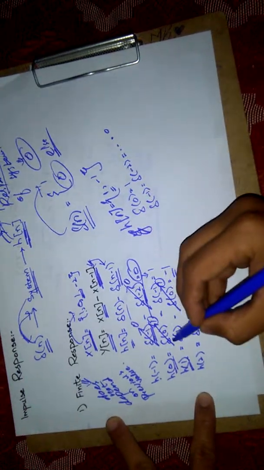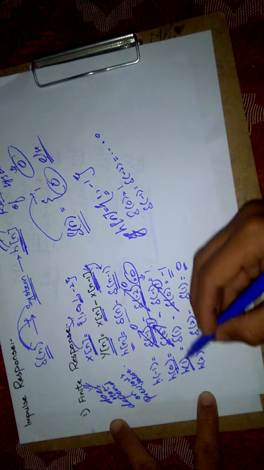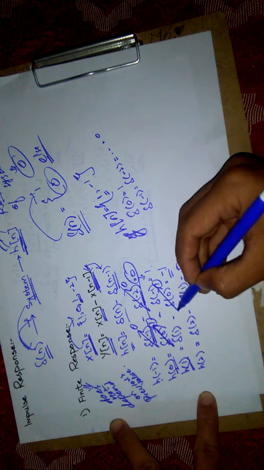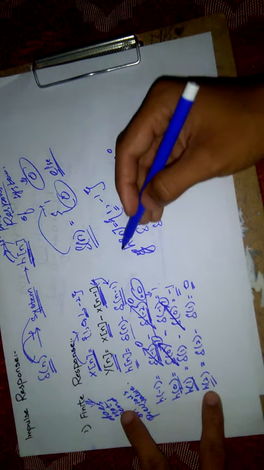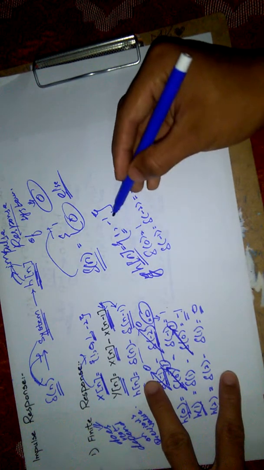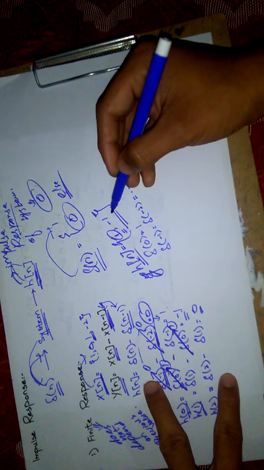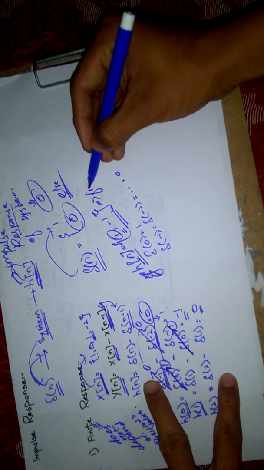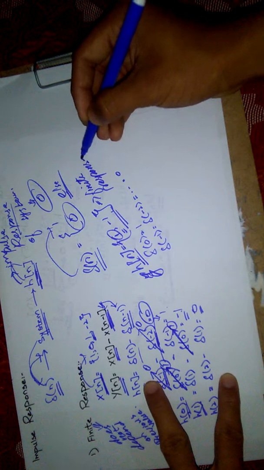So h of 0 is 1 because of delta of 0, h of 1 is minus 1 because of delta of 0, and h of 2 is 0. So the final response of the system is 1, minus 1, where the 0 index is at 1, and this is the finite response.